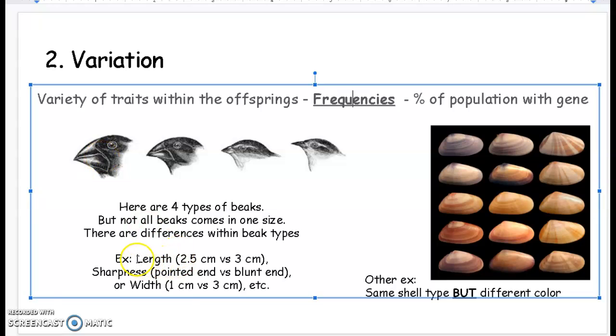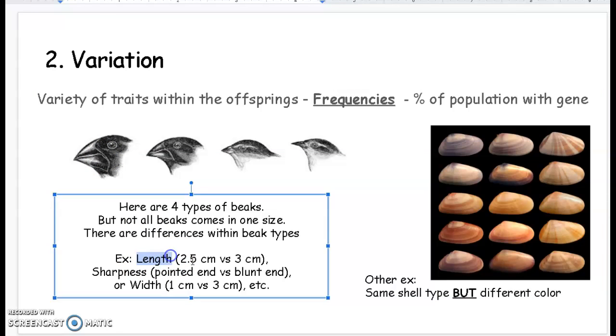An example is length. 2.5 centimeters is not the same as 3 centimeters. That is variety. Sometimes having a slightly bigger beak can be helpful, or it can be harmful. It depends on the environment. But there is variation, variety.